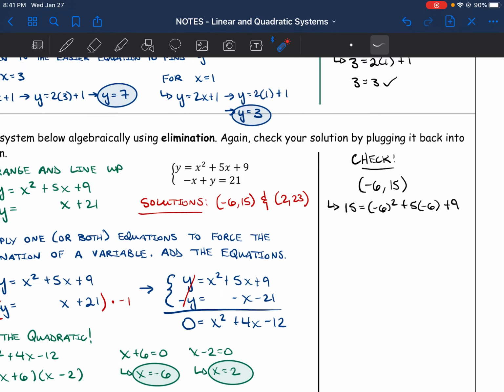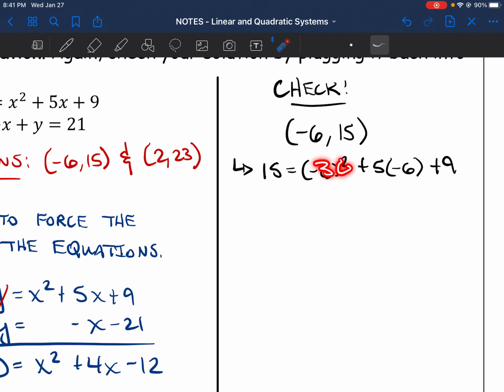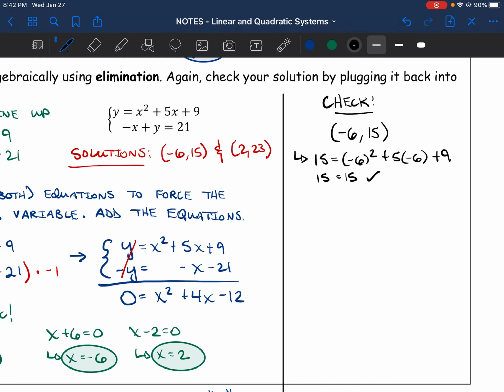Doing some quick math here, negative 6 squared is 36. 5 times negative 6 is minus 30. 36 minus 30 is 6, and then 6 plus 9 will give us 15. So we can see that 15 equals 15. Everything checks out. It's a solution to the first equation.